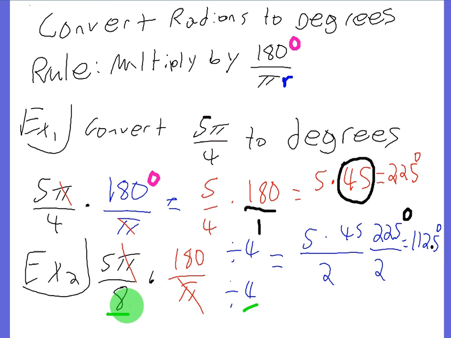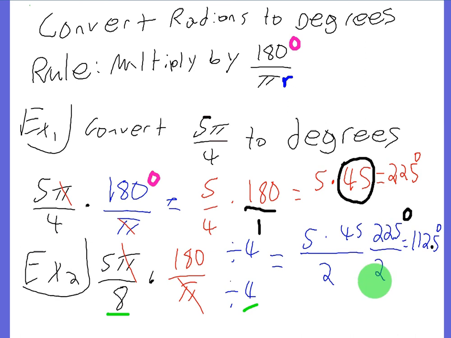180 over 8 is 45 over 2, okay? We can cross-reduce by dividing the top and bottom by 4. That's the biggest number that goes into 180 over 8. So 180 over 8 reduces to 45 over 2. And then the 5 stays here. 5 times 45 is 225 over 2.